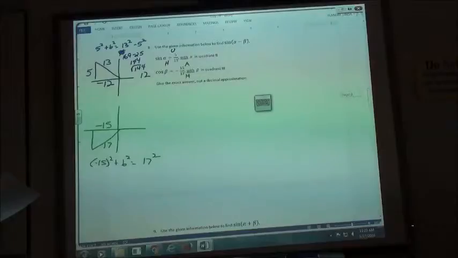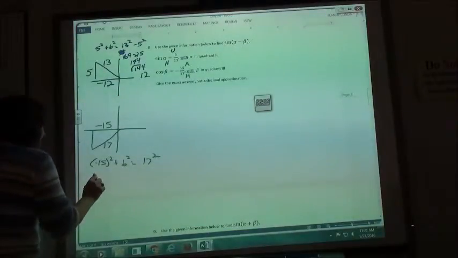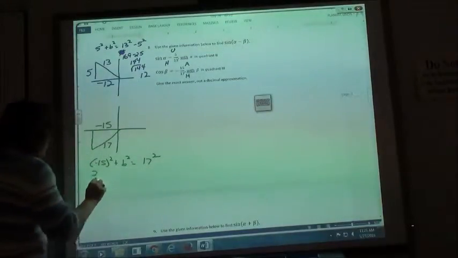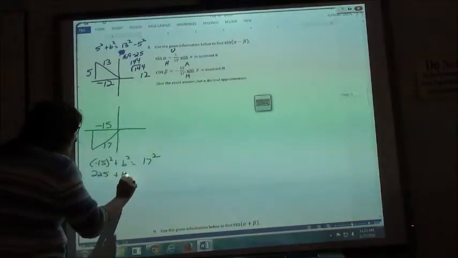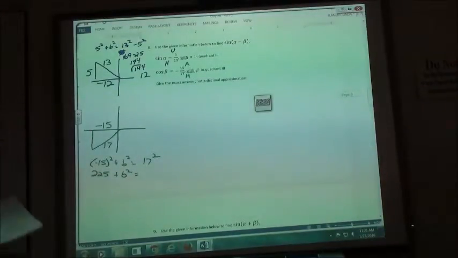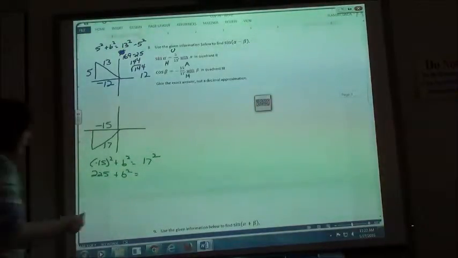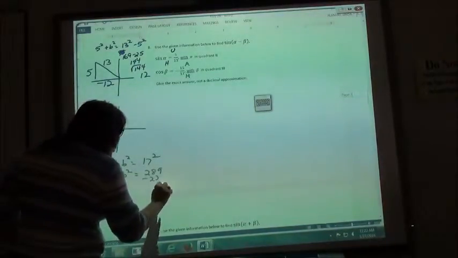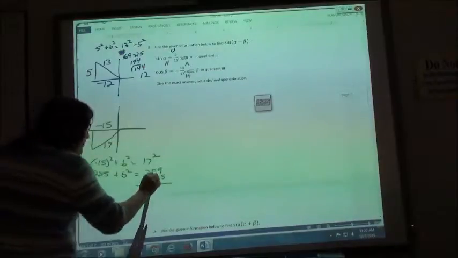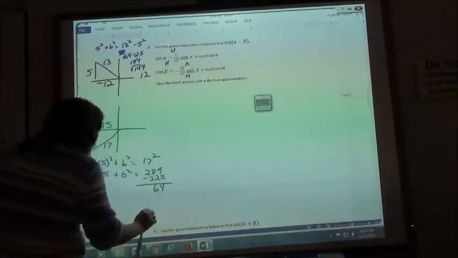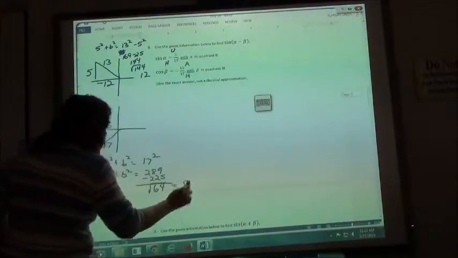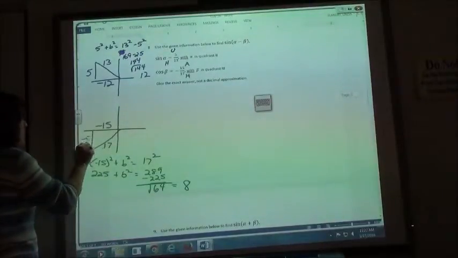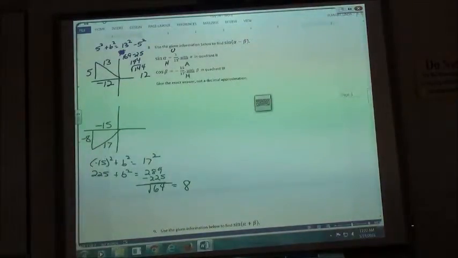Negative 15 squared is going to be 225, 17 squared is going to be 289. So if I subtract my 225, I get 64. Square root of that would be 8. I'm going down, so I have to have a negative 8 there. So I've got my two reference triangles.